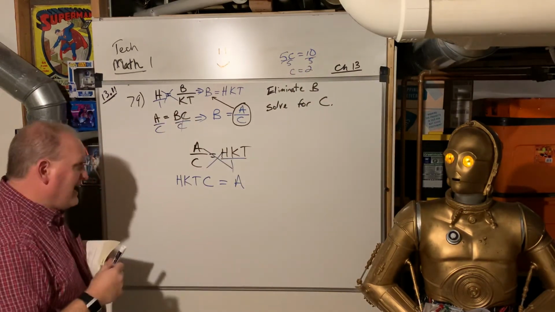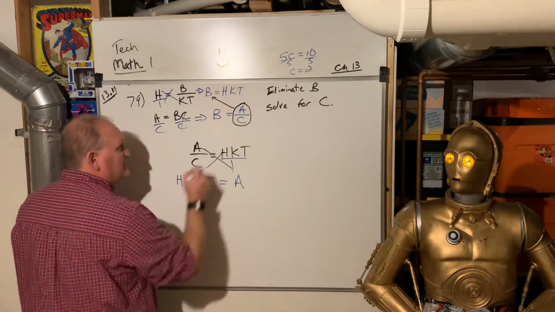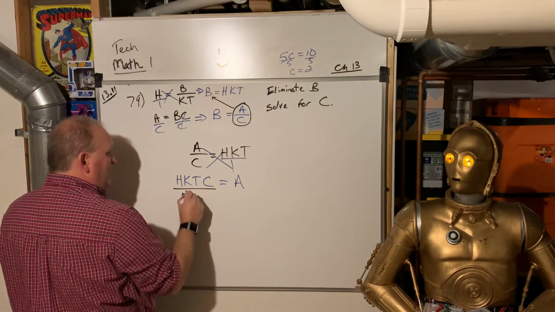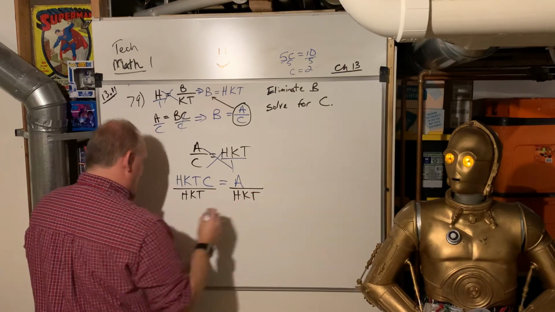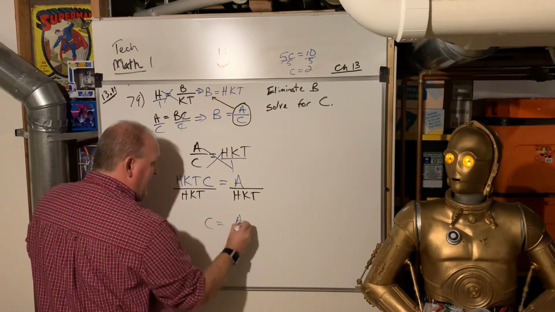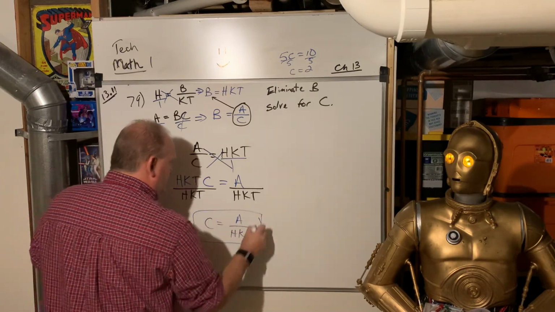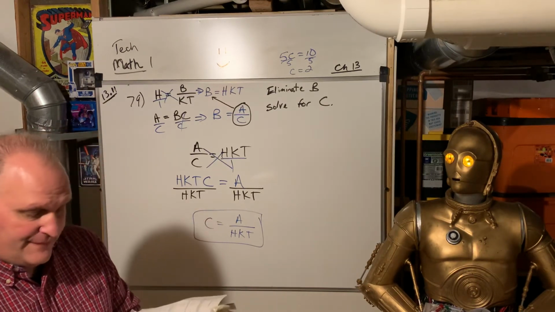It's more abstract than that. It's HKTC equals A. So we're still going to just do what we did there, where we divided by 5, divided by 5. We're going to divide by HKT and divide by HKT. And so C is now equal to A over HKT. So we eliminated B and solved for C.